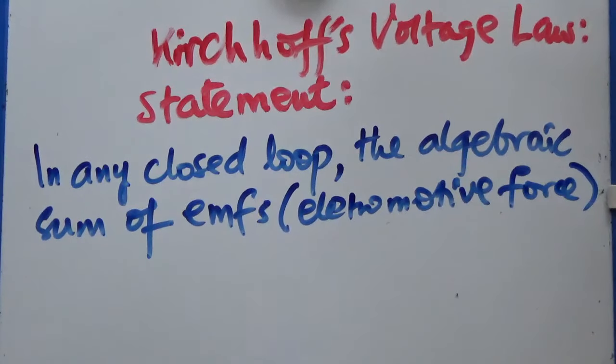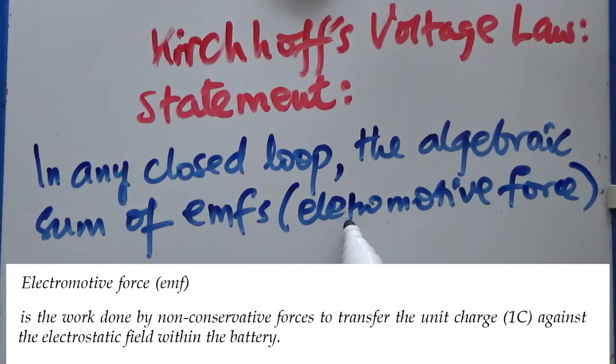In electricity and magnetism, this is the work done by non-conservative forces in moving a unit charge, that is 1 coulomb, across the electric field of the battery or within the battery. That's the EMF.